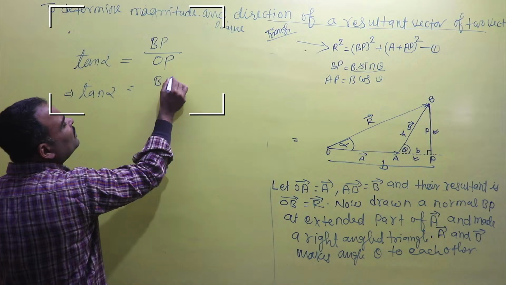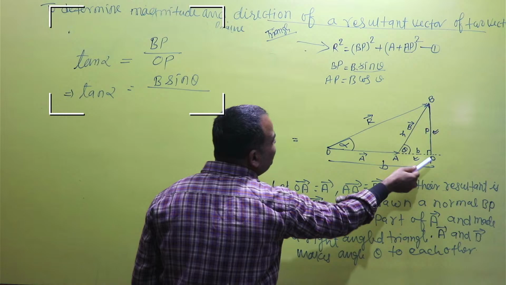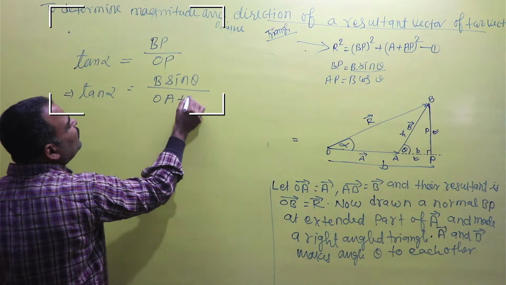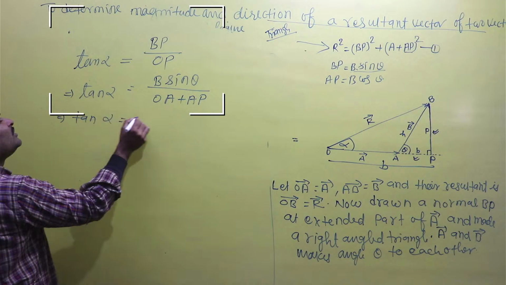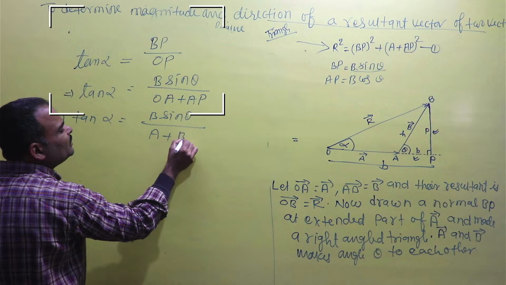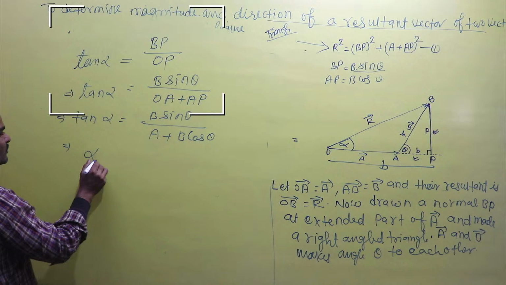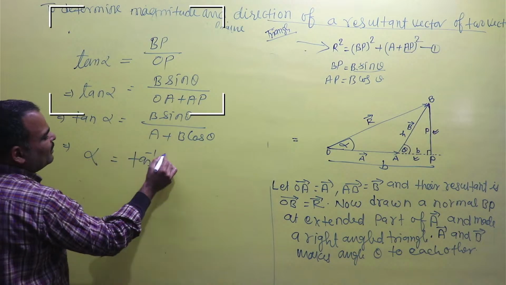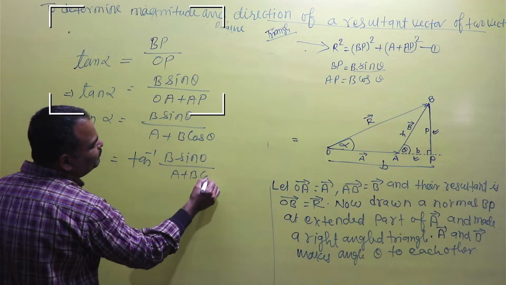BP is equal to B sin theta and OP is equal to OA plus AP. Already we know that tan alpha is equal to B sin theta by OA, where OA is A and AP is B cos theta. So alpha will be tan inverse of B sin theta by A plus B cos theta.